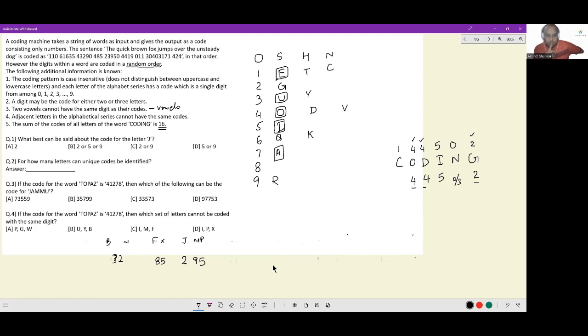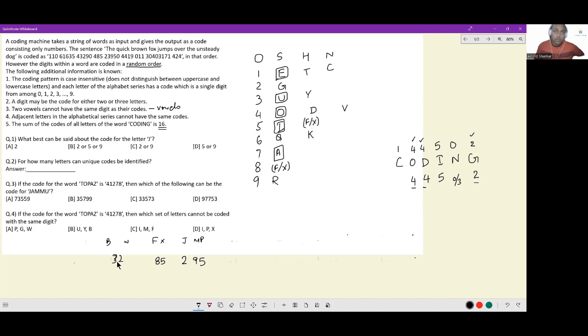So now I have B and W at 2 and 3. I have J and P at 2, 9, 5. I have F and X at 8 or 5. F or X here, and F or X here.